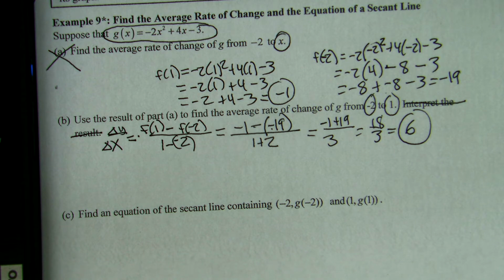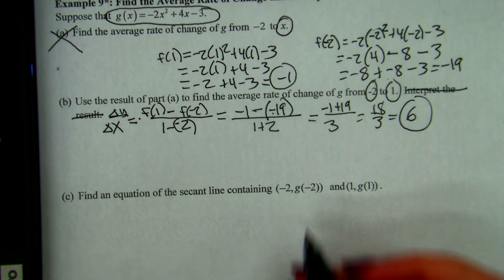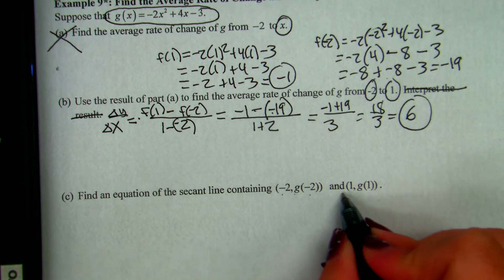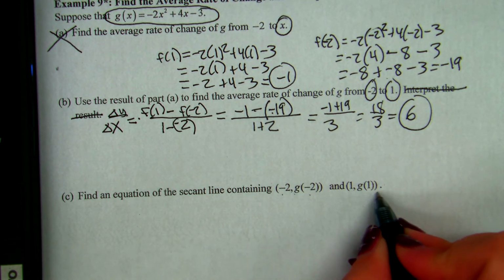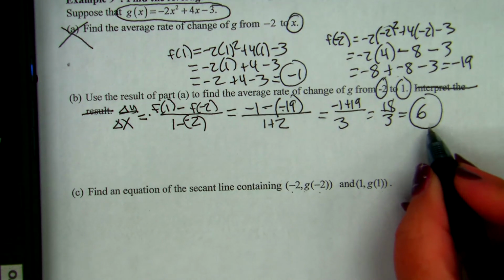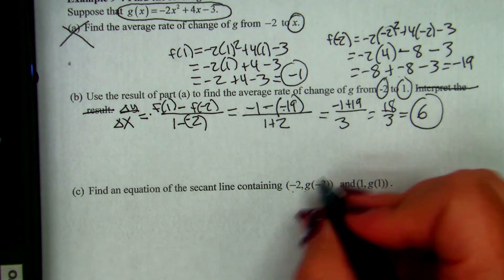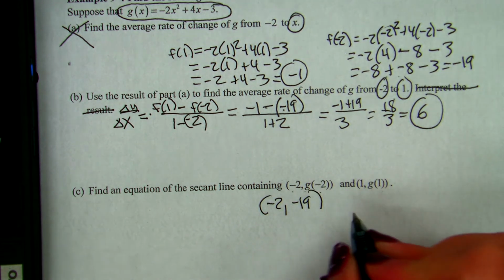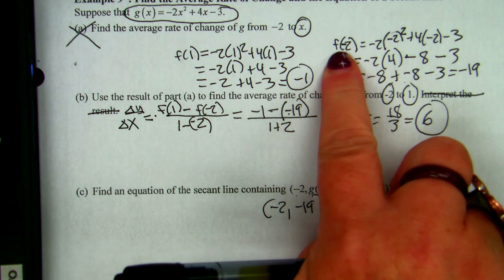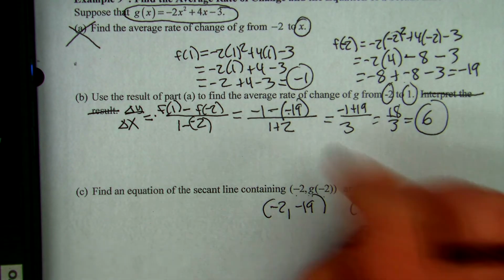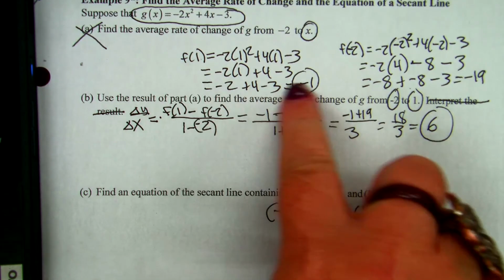Find the equation of the secant line containing -2, g of -2 and 1, g of 1. So we found the average rate of change already. So the slope is 6, and this point is -2, -19, because we found f of -2. And this is 1, -1, because we found f of 1 was -1.